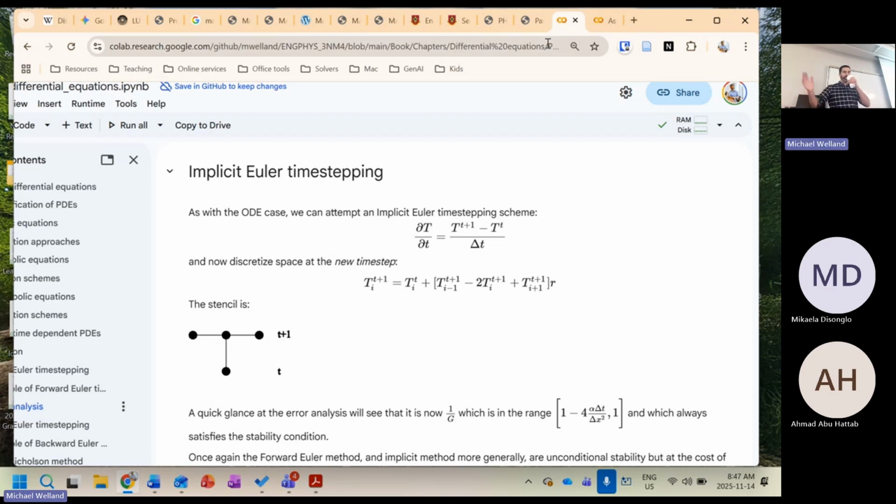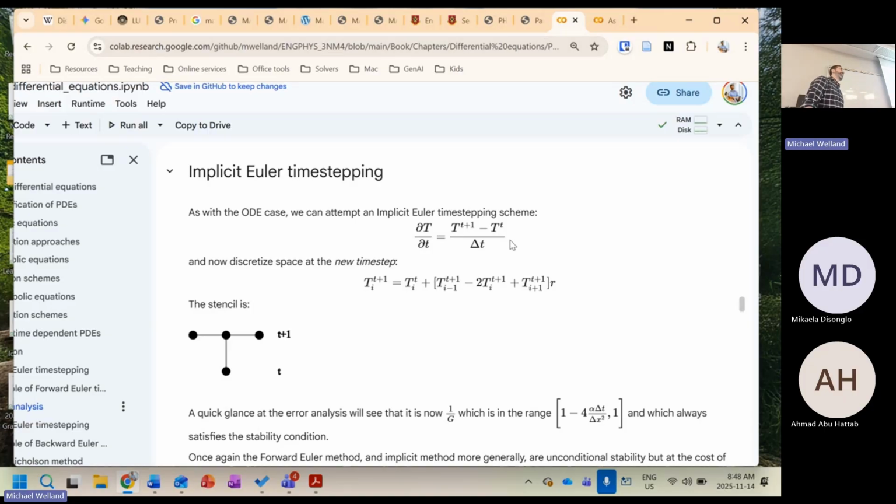Okay, what's the alternative? Obviously implicit. If you remember, for explicit time stepping, what we did was we said T at t plus 1, position i, we projected forward like that, which has the benefit that at every time step you know the complete solution from the previous one.